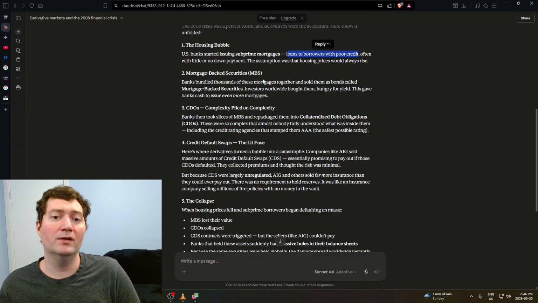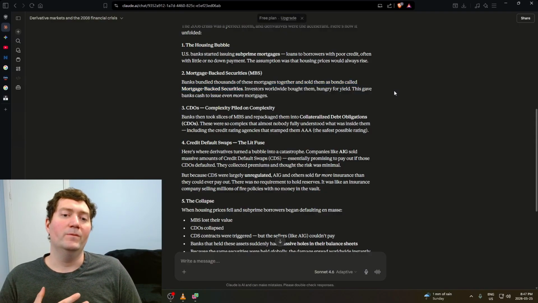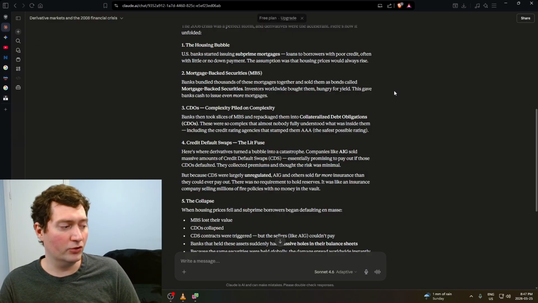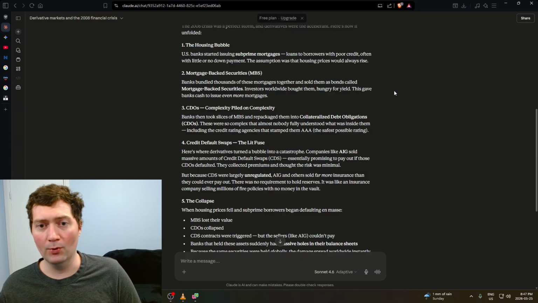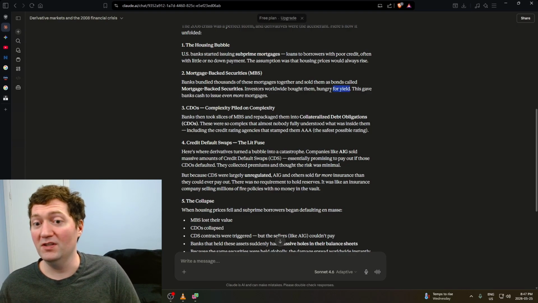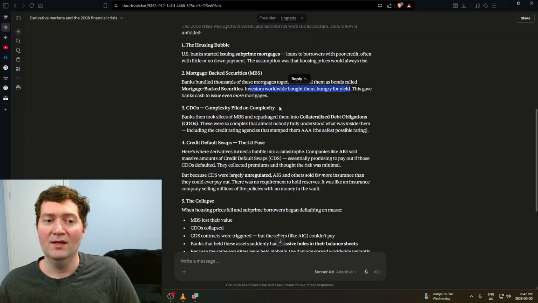And when you bundle them all together into a mortgage-backed security, it has a higher interest rate payout, so it looks better than a normal mortgage-backed security. And so investors worldwide bought them because they look better, hungry for the yield. This gave banks cash to issue even more mortgages. Oh my God, they just created a cycle.